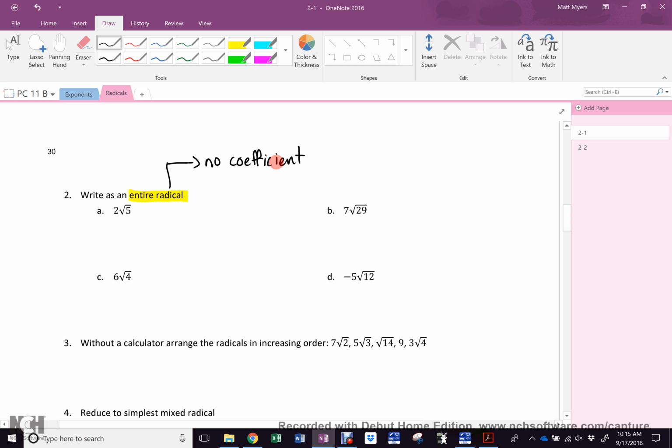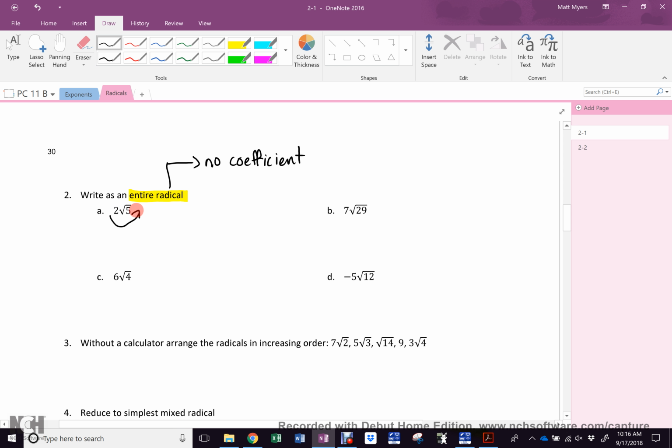There is no coefficient. If there is no coefficient, I don't want there to be a coefficient. If there is a coefficient, originally, the coefficient was part of the radicand, yes? Because the coefficient is always built from the radicand. So in this very first question here, I have a 2 out in front, which means there had to be some 2's under there, yes?